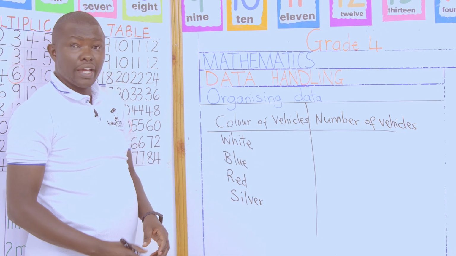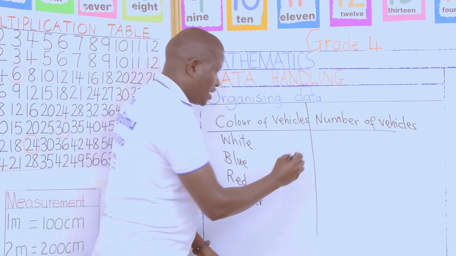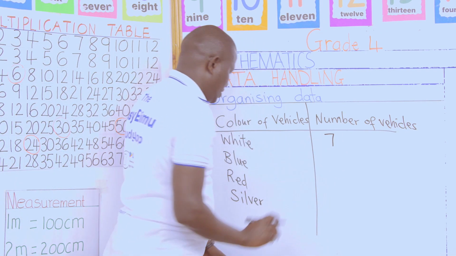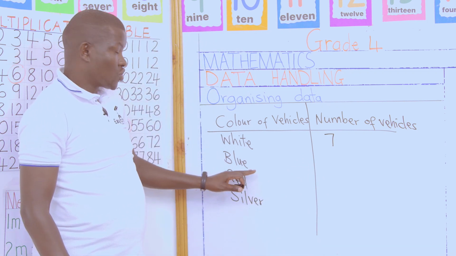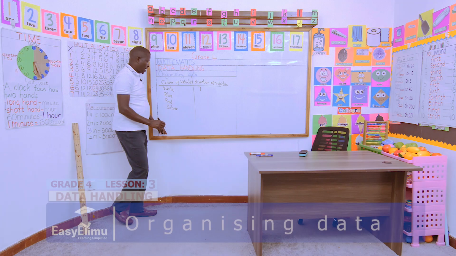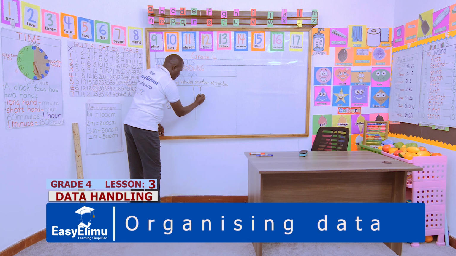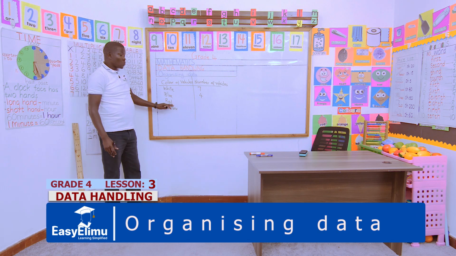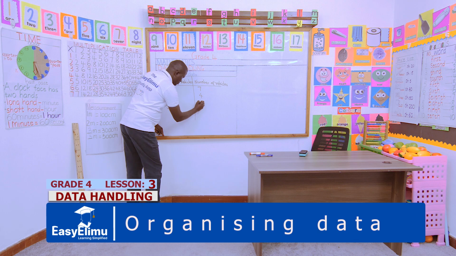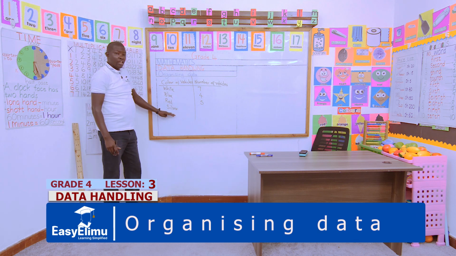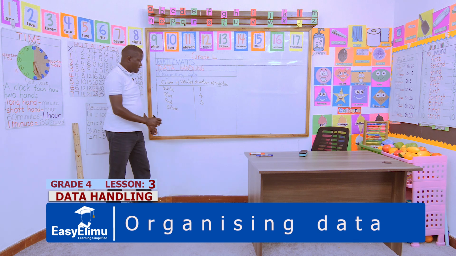White color, how many vehicles were in white color? We had 7. How many vehicles were of color blue? We had 4. How many vehicles were of color red? We had 5. And lastly, how many vehicles were of color silver?